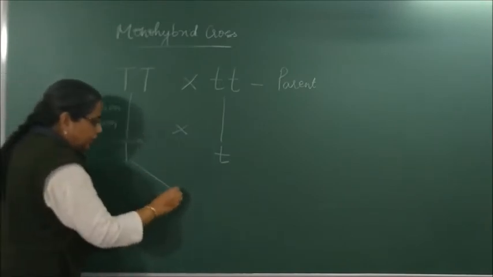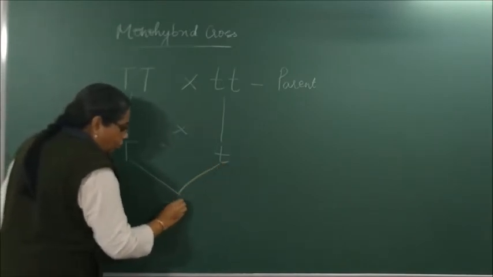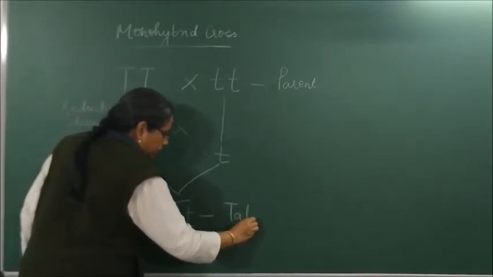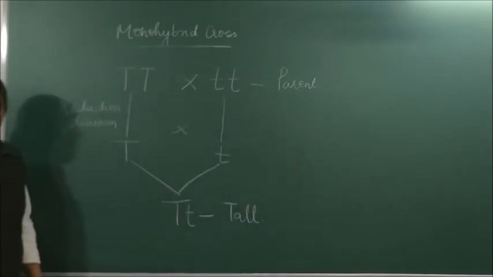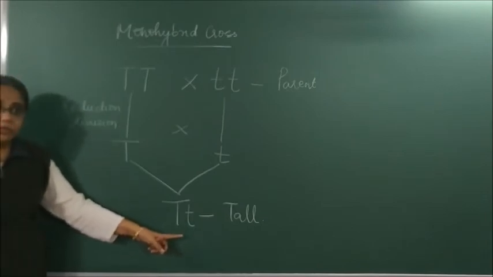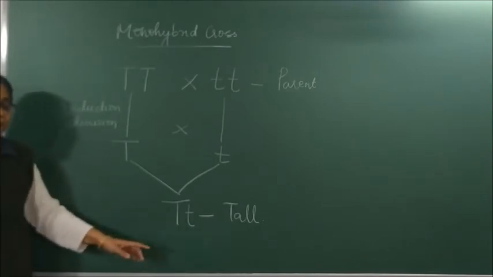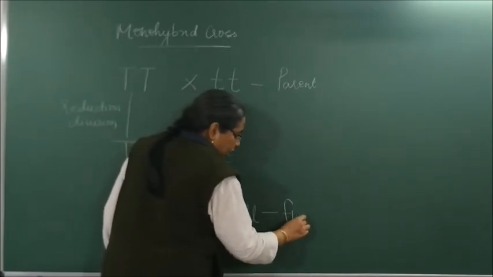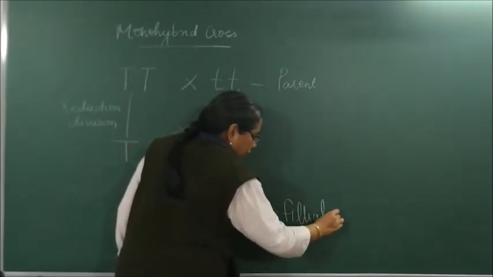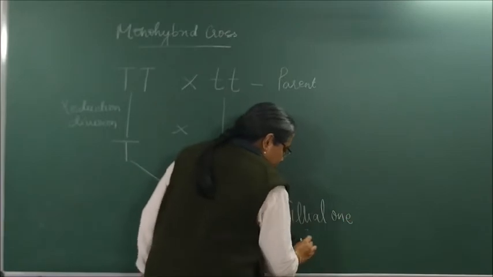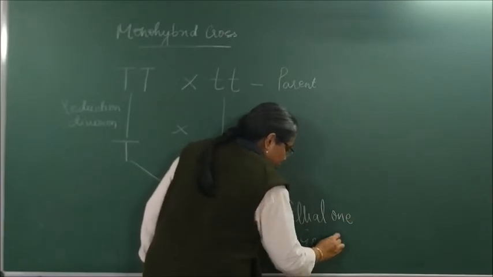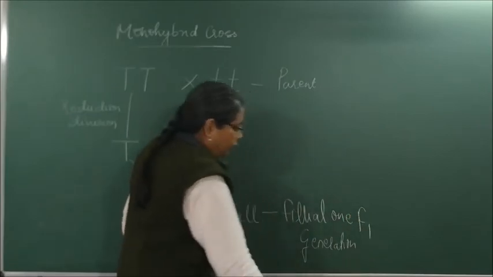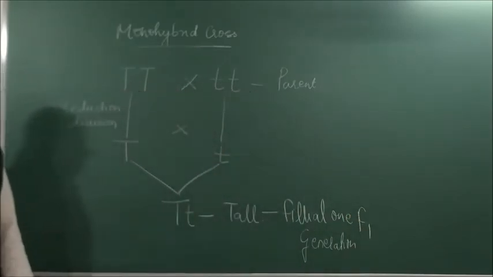And in the first generation, all plants are what? Tall. They look tall, but they have even genes of shortness. This first generation is called the filial 1 generation. So what do we write it as? F1 generation, filial 1 generation.